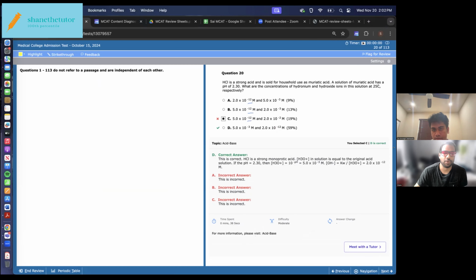The other way is the actual mathematical way. The pH of something is going to be the negative log of the hydronium concentration, right?